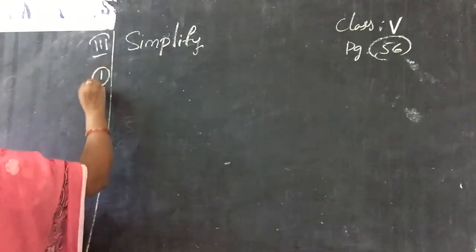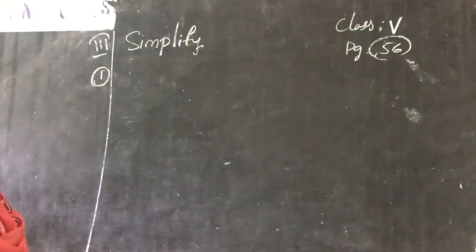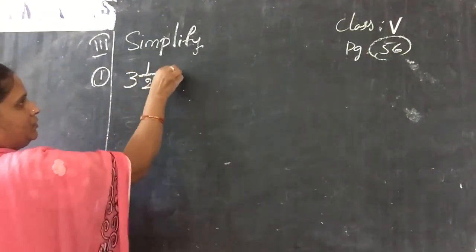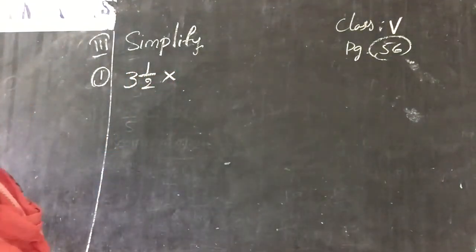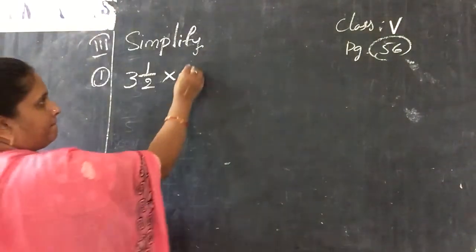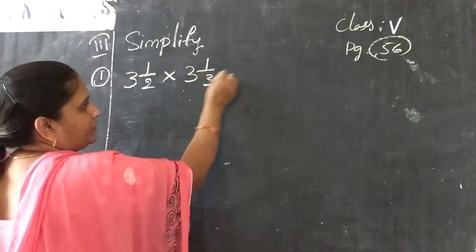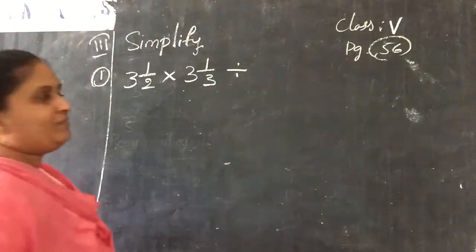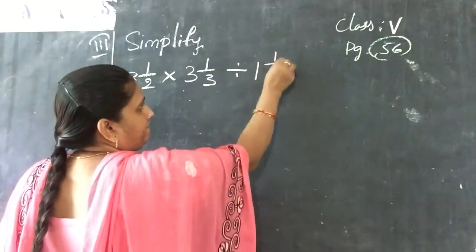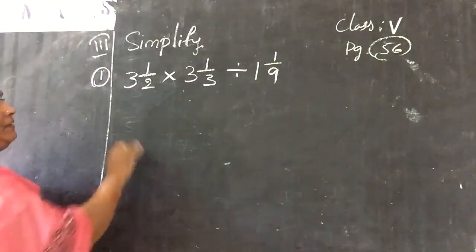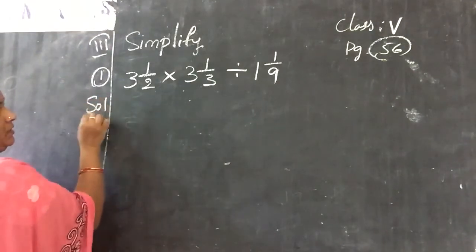Okay, first one: 3 1 by 2 into 3 1 by 3 divided by 1 1 by 9. All are mixed fractions.